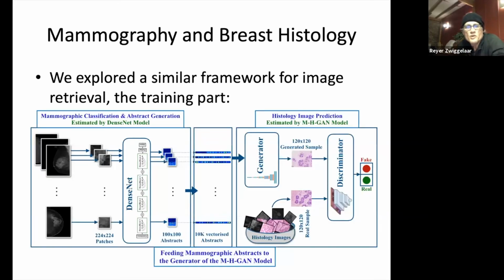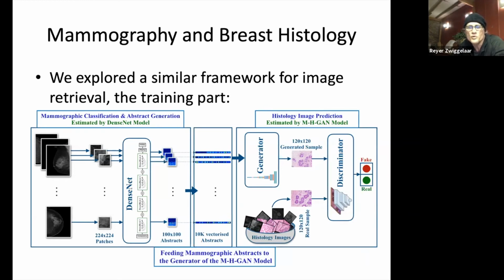So we've been exploring a framework for image retrieval so that we can link specific mammographic cases to histology cases. And we've got a very simple training part for that, where we generate regions of interest from the mammograms. We've got a DenseNet that produces what we call abstract or semantic segmentations for that.